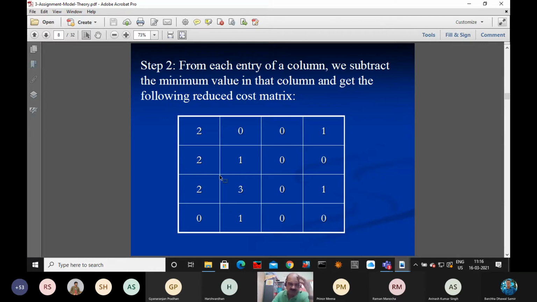Now the second row has one 0, so we assign to this, and this is also complete. Once you assign, you cross out all the zeros. Finally, in the fourth row there is a single 0, so we assign to that. There is no other 0. So this is the assignment.